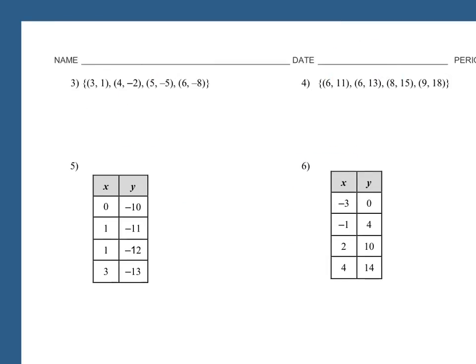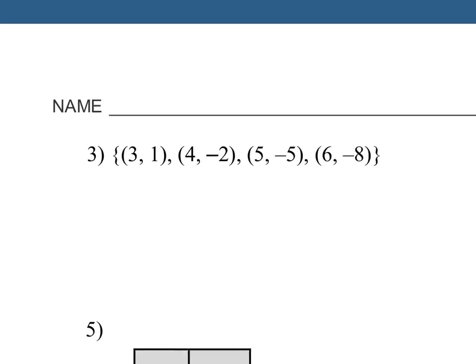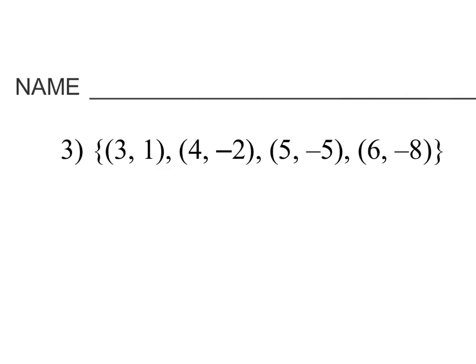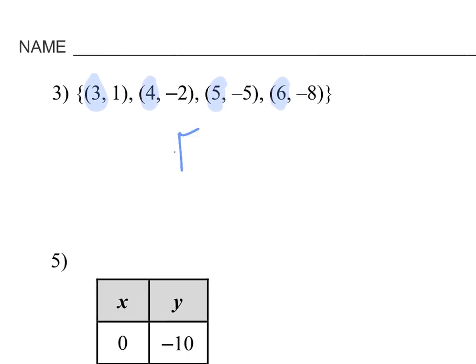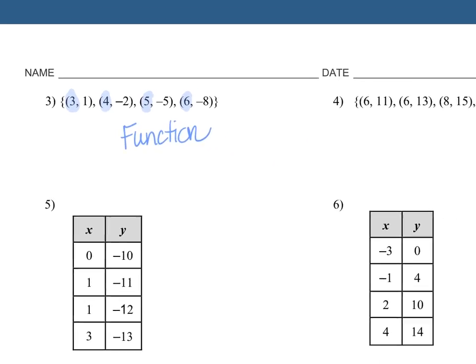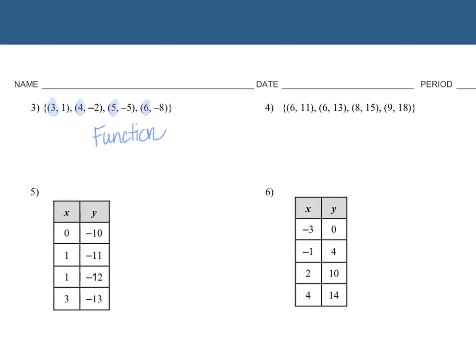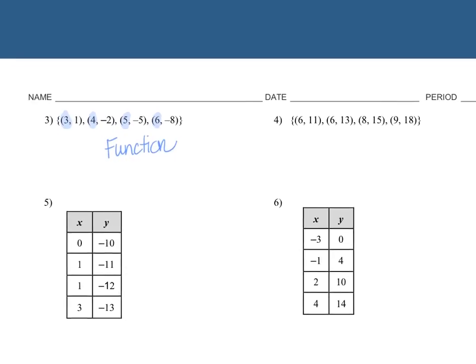Okay, number 3, when you're given those ordered pairs, the coordinates, just look at your x value. So look at your first numbers. Do any of those repeat? No. So that means we've got a function. Okay, so then let's look at 4, and remember, just look at your x values.